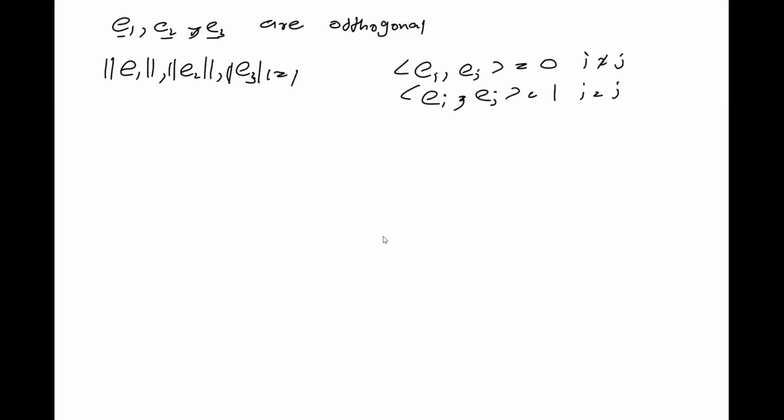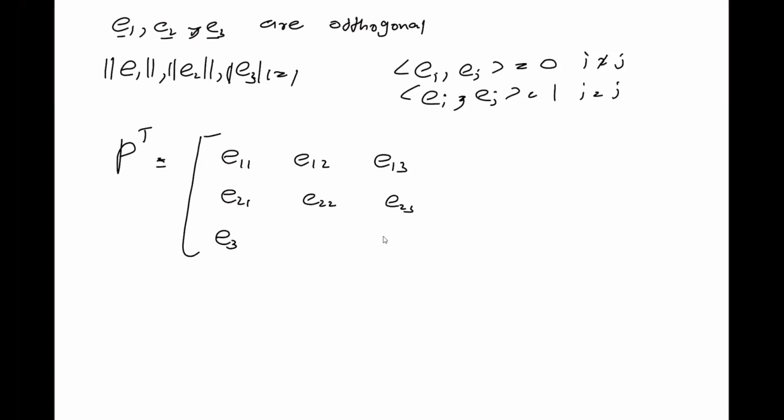So now what will happen if you take my P matrix and take the transpose? My P transpose would become E11, E12, E13, E21, E22, E23, E31, E32, E33. This is nothing but placing my eigenvectors as rows.